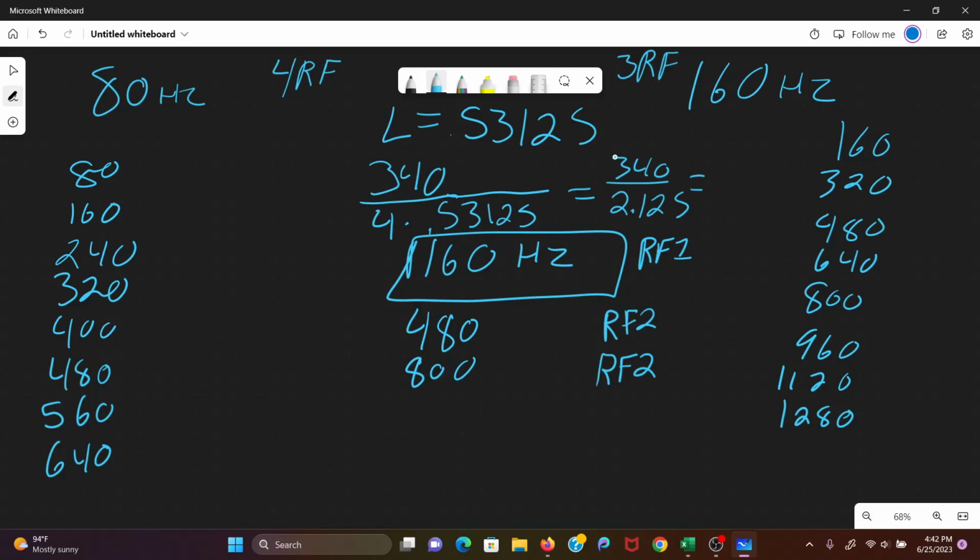Minus 1 is 7. So it's 160 times 7, which is 1120. That is resonant frequency 4. Okay. So there are our resonant frequencies: 160, 480, 800, and 1120.